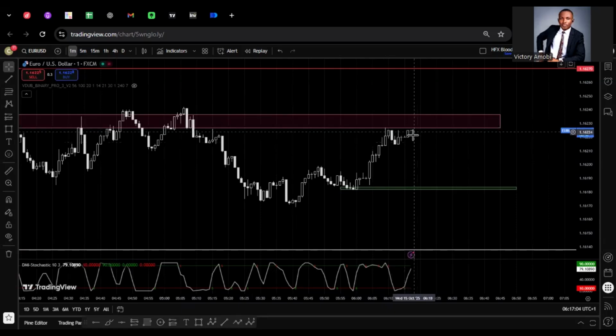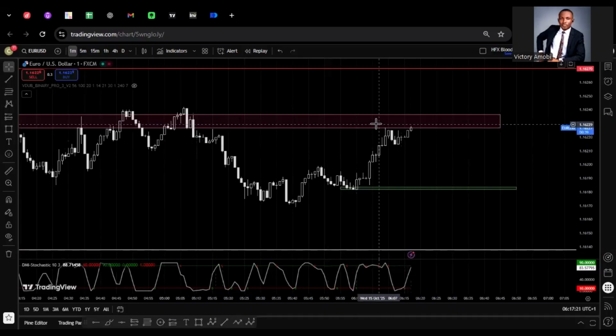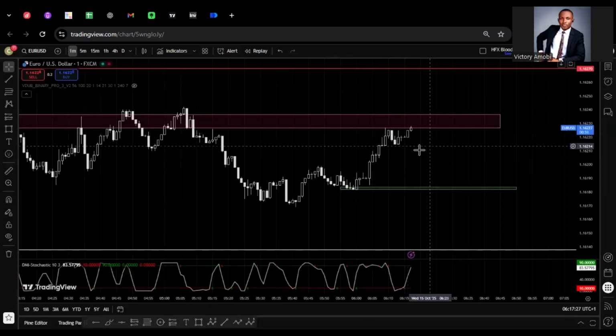I want a confirmation for this sell before I dive in because I'm working from the 1 minute time frame. So if I see a strong bearish candle, I'm going to go in. What does the market do? The market is coming back to respect this same zone. So if I see a clear bearish candle on this 1 minute time frame, that's my cue to enter.